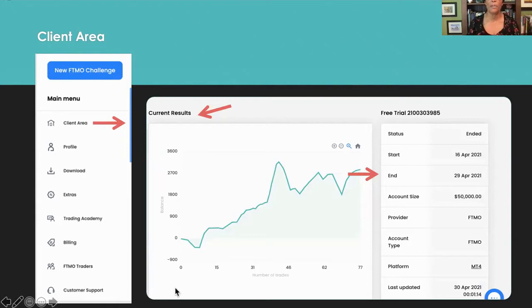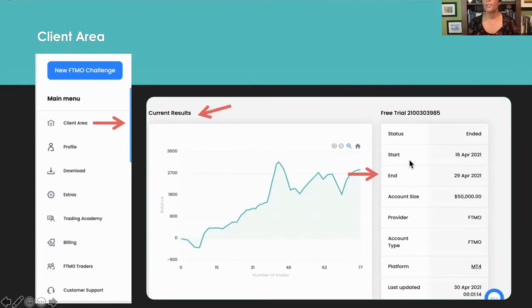This is an example of what metrics you are able to see. This will have your current result in the form of a graph. It shows you where you are in your challenge, just like how we are always wanting to be aware of where we are in the market.